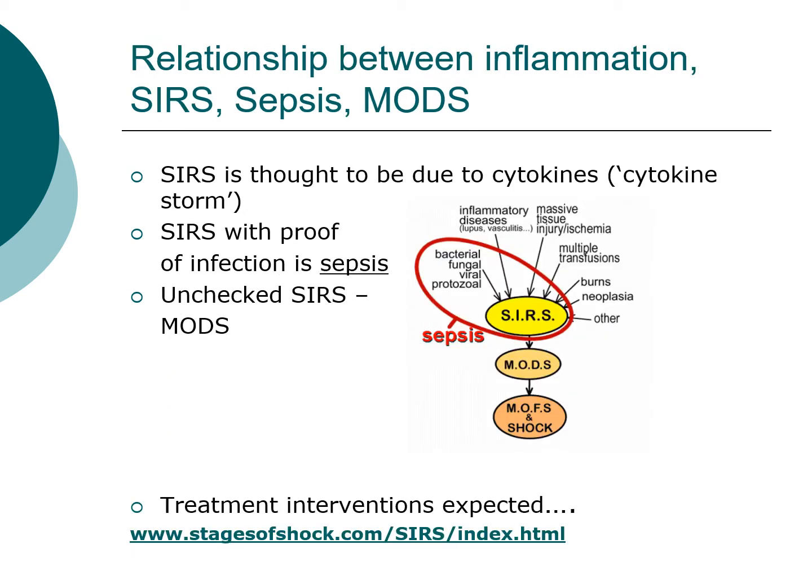So here's a little depiction of the relationship between inflammation, SIRS, sepsis, and then MODS, which is multi-organ dysfunction. If we have inflammation, I told you it releases different mediators. One of those is cytokines. But SIRS is thought to be this unchecked cytokine proliferation or storming.